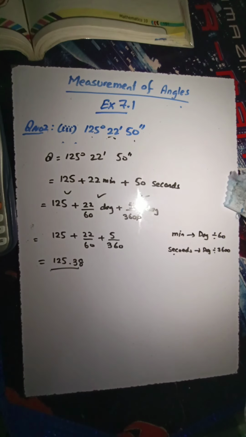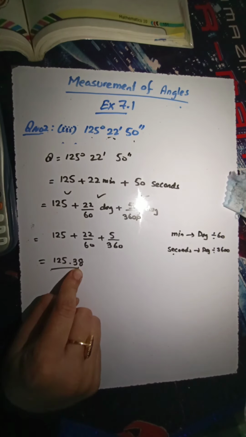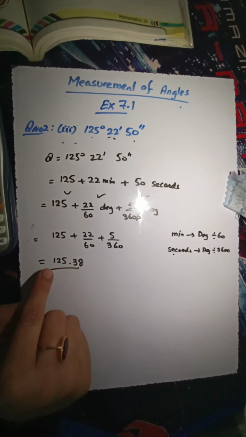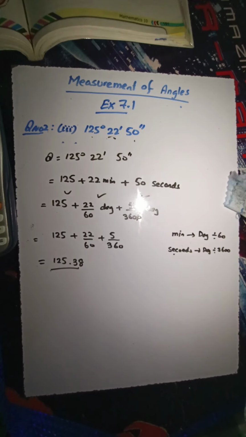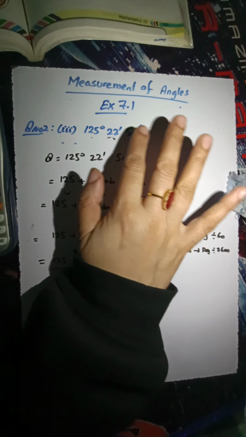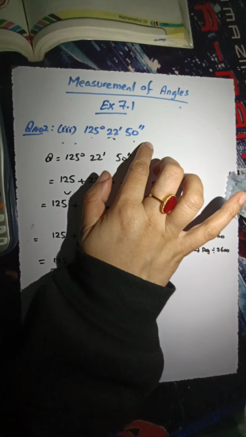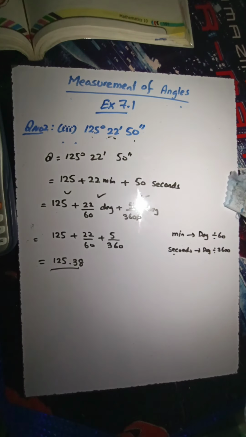This is the fractional part of the next degree. You have 125 full degrees, and the next degree is in decimal form, 0.38, so 125.38. This is how you convert an angle from D.M.S system to decimal system.